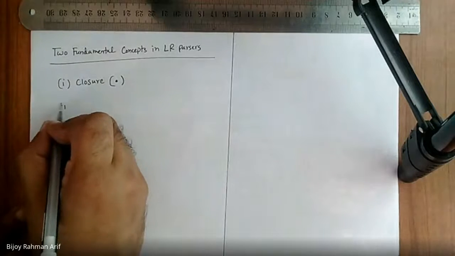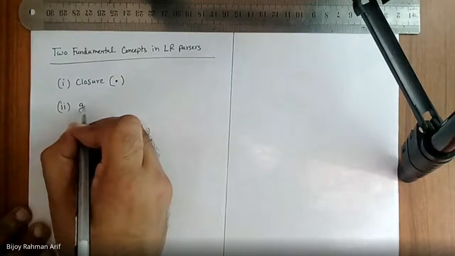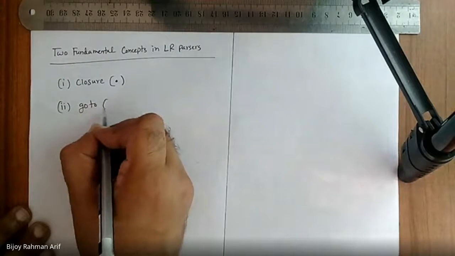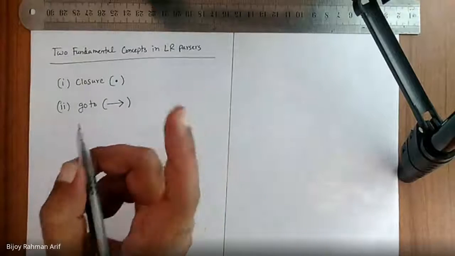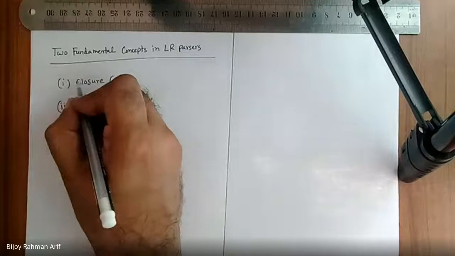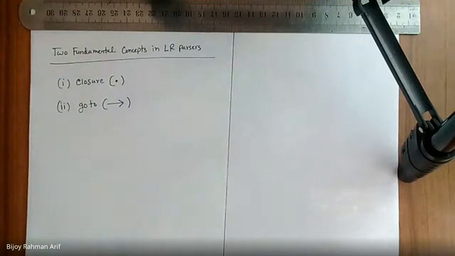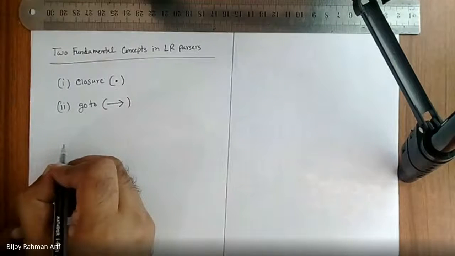The second one is GOTO, denoted by this arrow. The two concepts are important: closure and GOTO. So let's start with closure, the first concept.